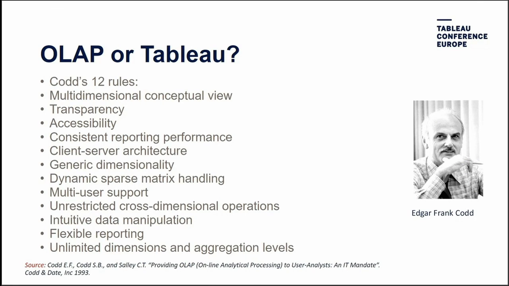OLAP, or the core concepts, were set down by Edgar Frank Codd, and he said that there should be 12 rules for online analytical processing. If we look down his 12 rules, I don't need to read them all out, but they basically align with what Tableau does anyway, natively, on relational sources. So the question comes, why would you use OLAP?